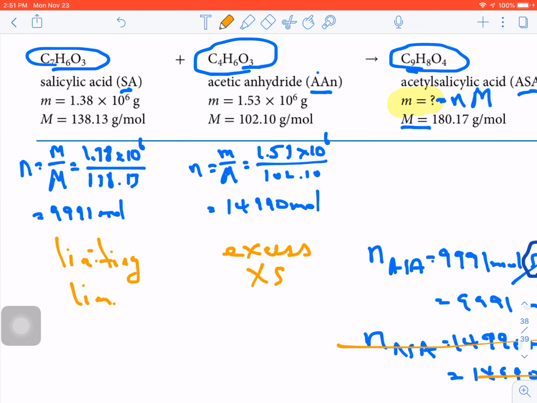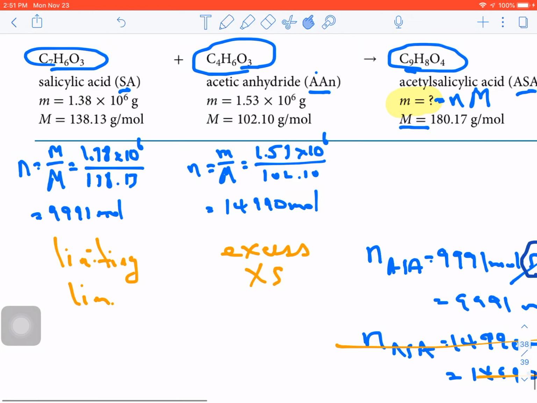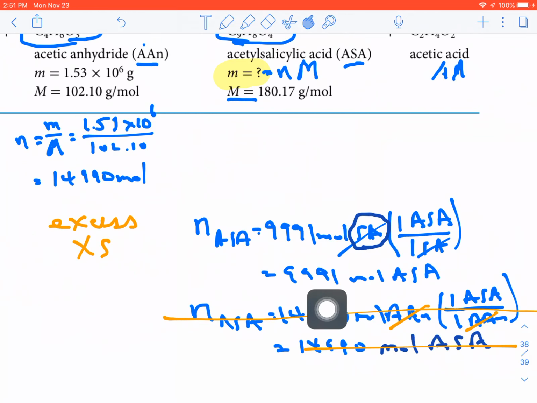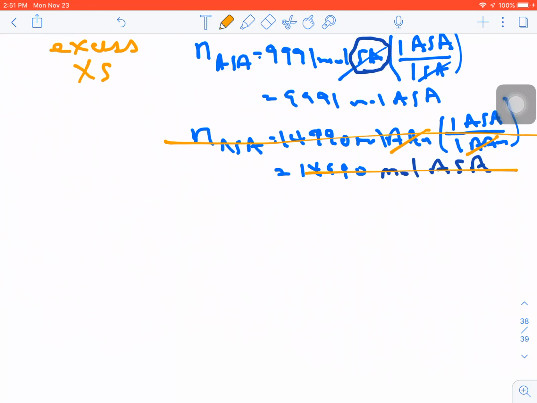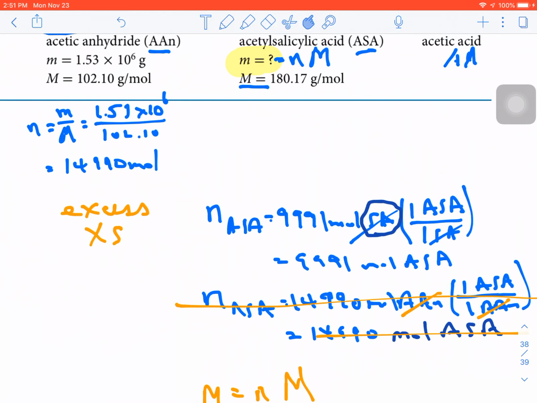So now that I know my number of moles on this side, 9,991 moles, and I know the molar mass for ASA, I can calculate the mass: little n times big M. The little n I know is 9,991 moles, and the molar mass was 180.17 grams per mole.